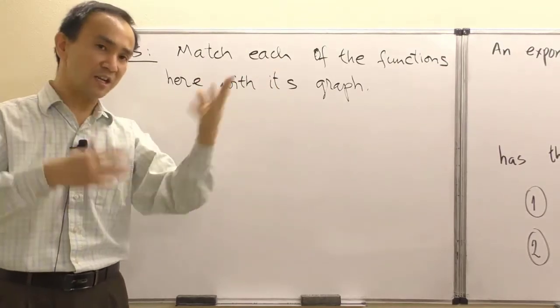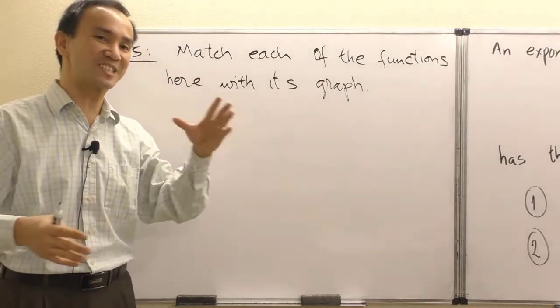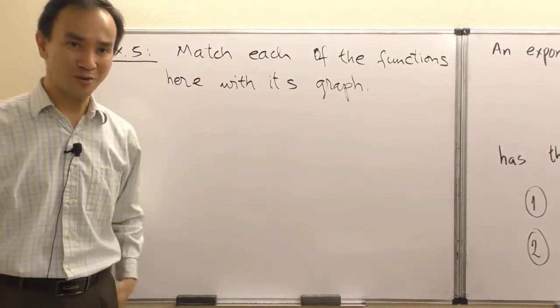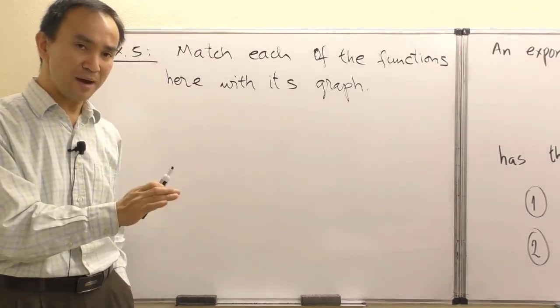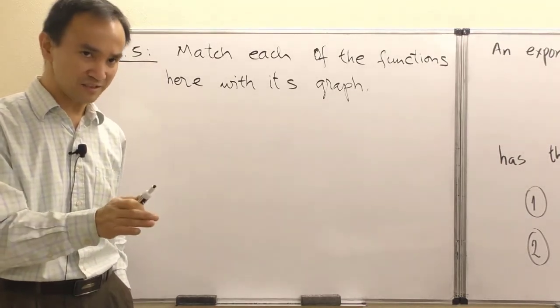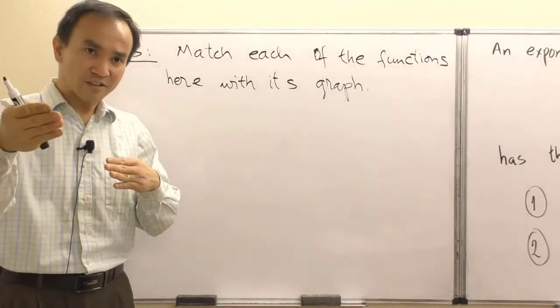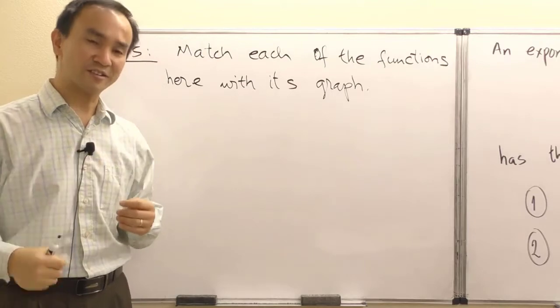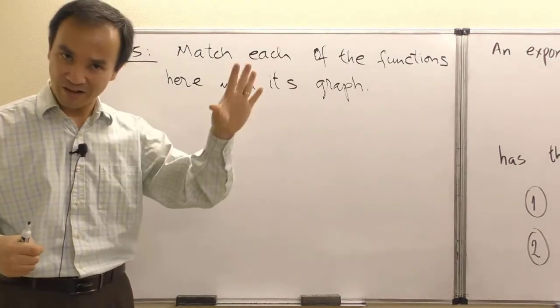They are color coded, and we need to match them. This is just like example 3 that we were doing. We completely rely on our understanding of the graphical properties, mostly the y-intercepts and the horizontal asymptotes, and the shape of the graph, of course.